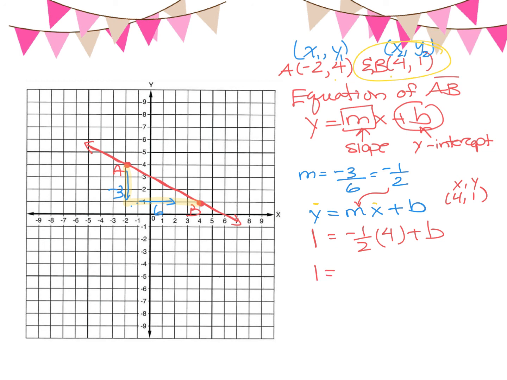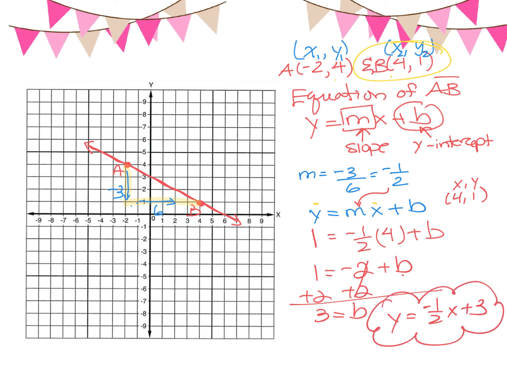Half of 4 is 2, but we have a -1/2, so that's -2 plus b. This is an equation, so I want b by itself, so I'm going to add 2 to both sides. That cancels, and I have 3 equals b. So my equation is y equals -1/2 x plus 3. All right, and then I'm done.